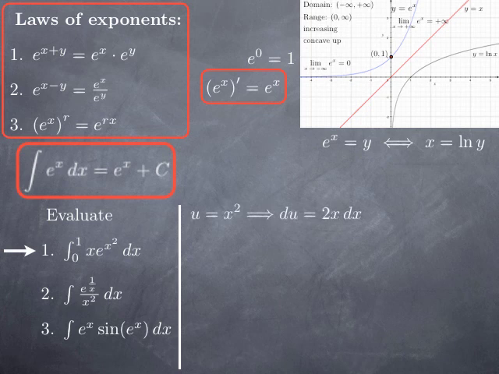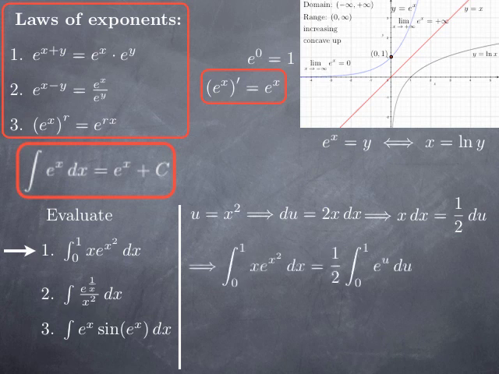If we pick that u, then du is 2x dx, and what we have inside our integral is not quite 2x dx, it's x dx, but that's 1/2 of du. So I'm going to replace x dx by 1/2 of du, and e to the x squared by e to the u, and we obtain 1/2 integral of e to the u du.